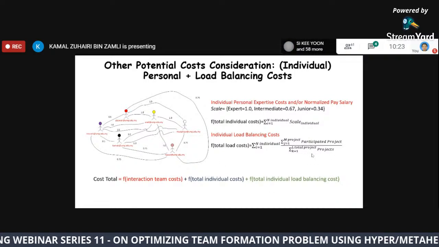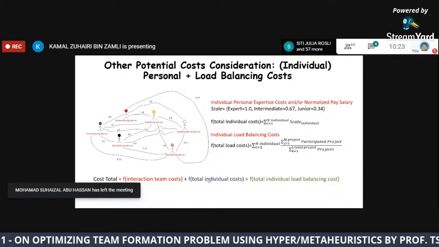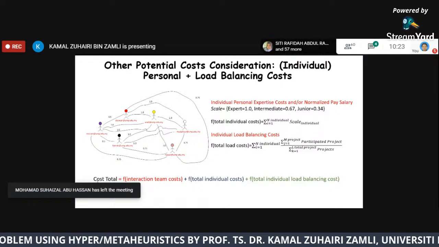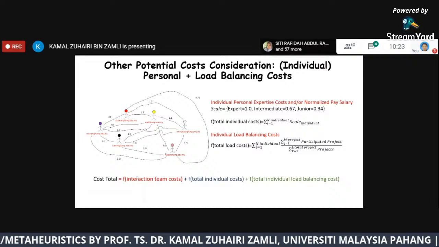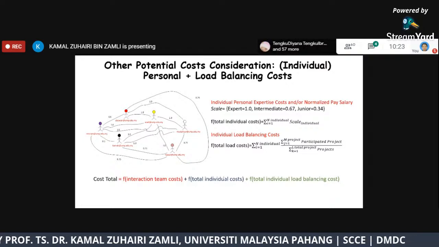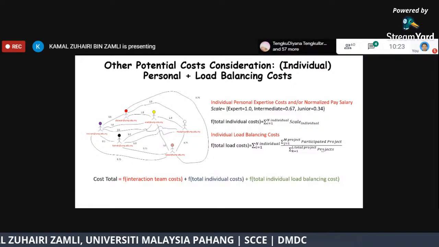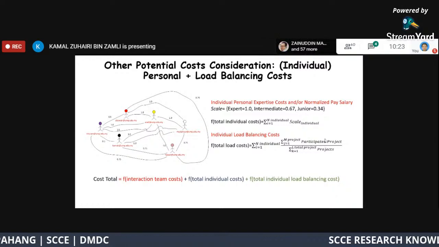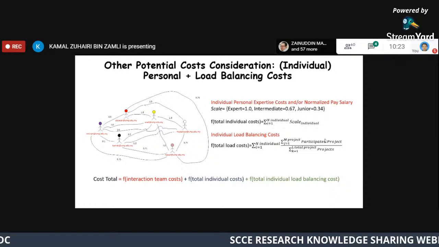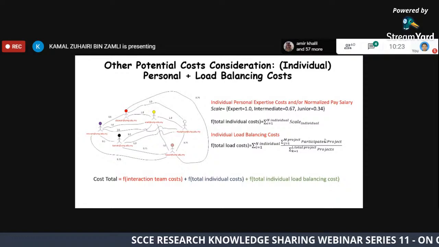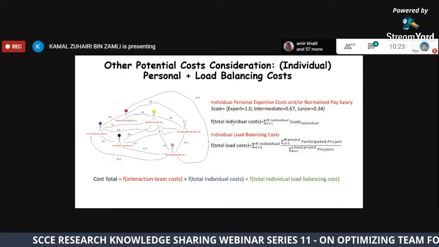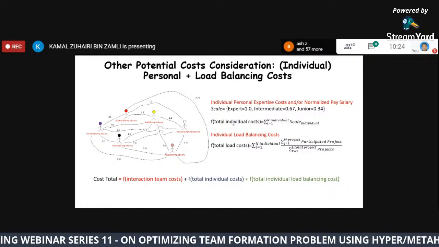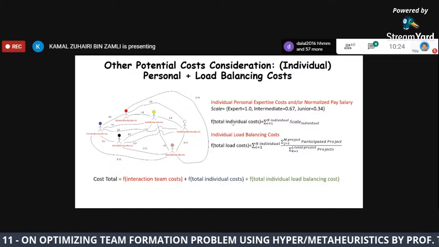So you can introduce different types of costs to minimize the cost of teams. Maybe, for example, he has participated in many projects, so there are many costs for him because there is a load balancing issue for him. So there are many other costs that can be added to the model so we can build a team and minimize the costs.